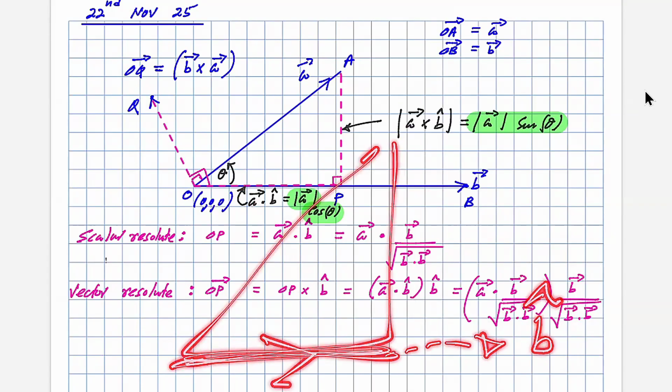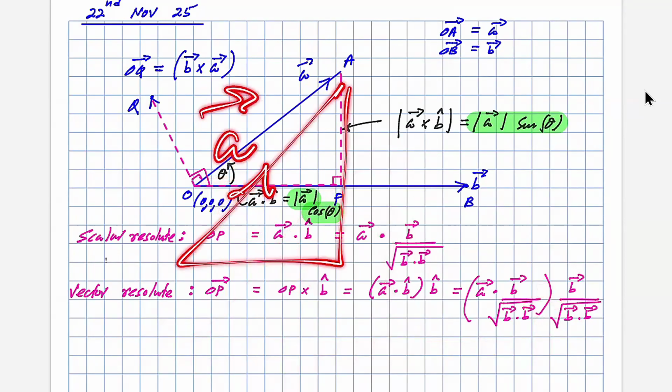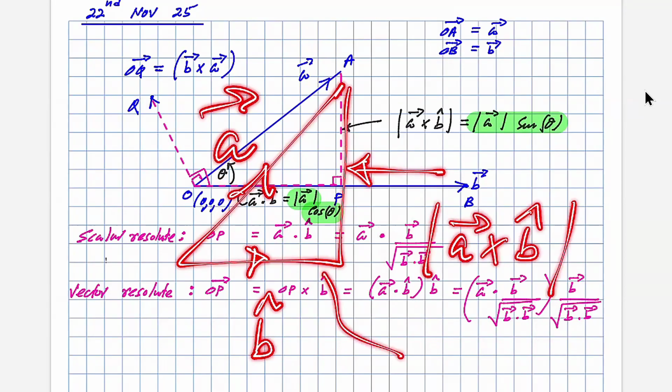Okay. So now when you have a vector, so this guy, let me do that. This is a vector. In this direction you have B hat. What I'm saying basically is this length you can write as A vector cross B hat, and this guy you can write as A vector dot with B hat.